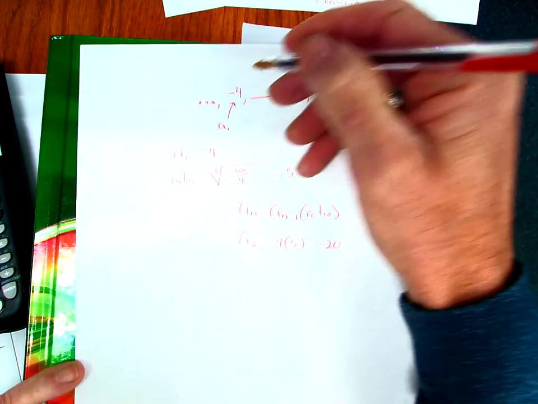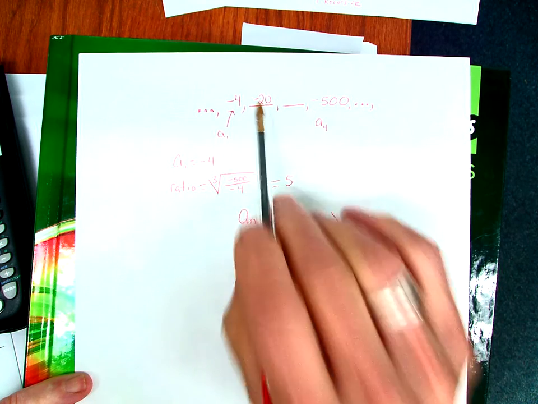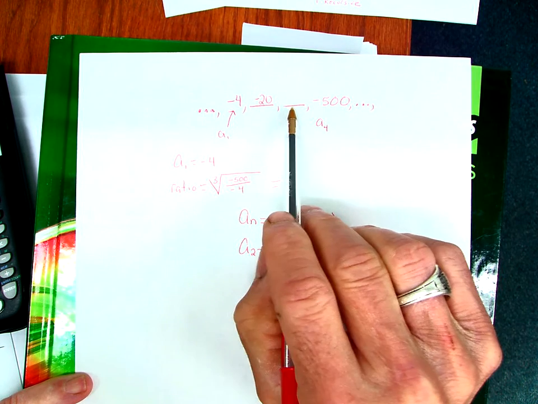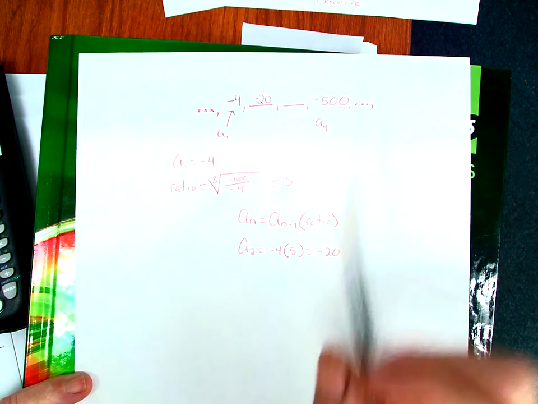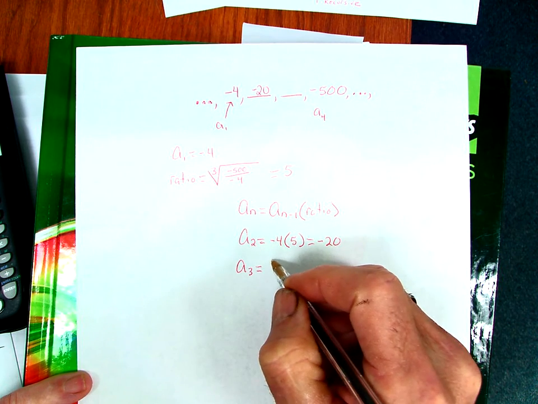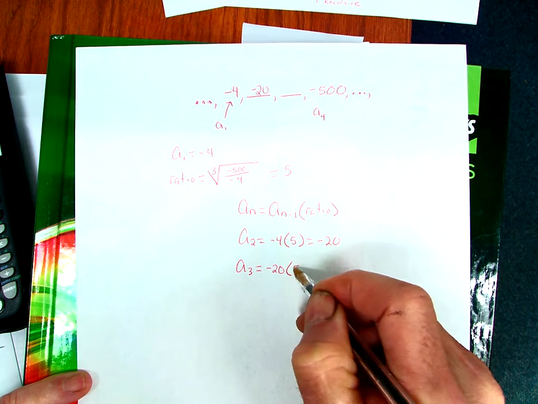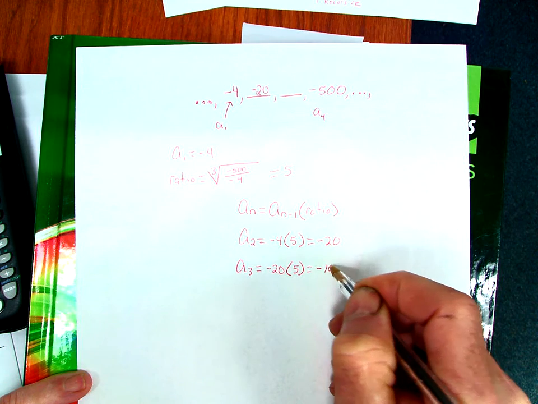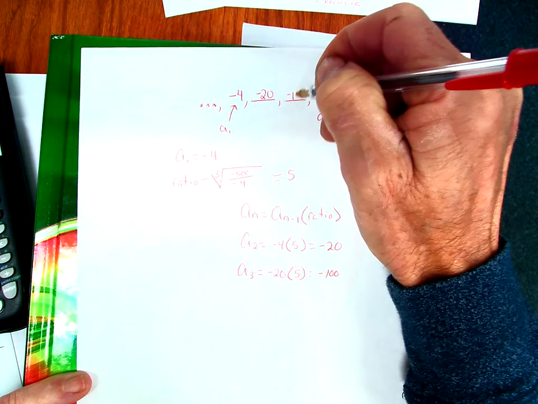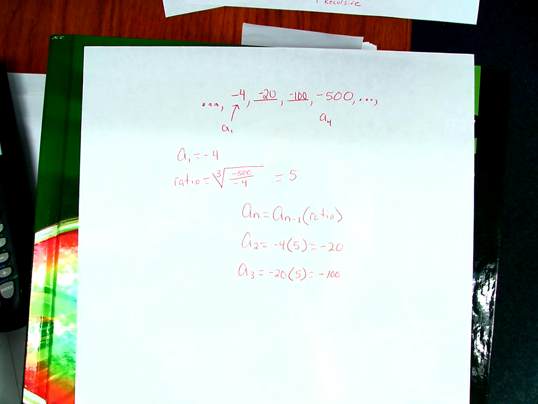So what goes here? -20. Now that I know this one, I can use the recursive formula again to find this one. A sub 3 is going to equal a sub 2, which is -20, times 5 equals -100. And that's how you will find the missing terms.